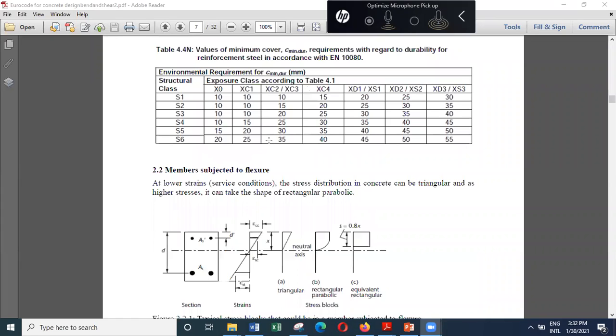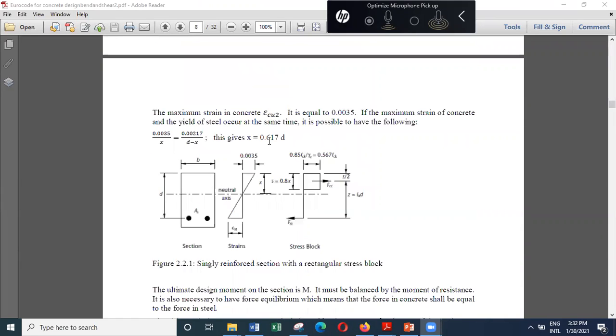Because of that, we can say the force in steel is equal to the stress in steel multiplied by area. Stress in steel is 0.87 times fyk, multiplied by the area of steel. So we have an equation for the force in steel, and we can also have an equation for the force in concrete.